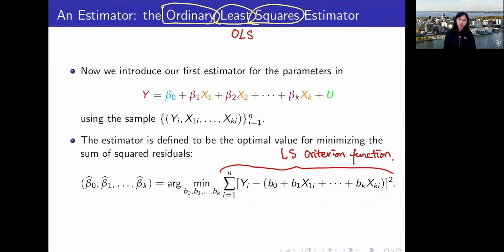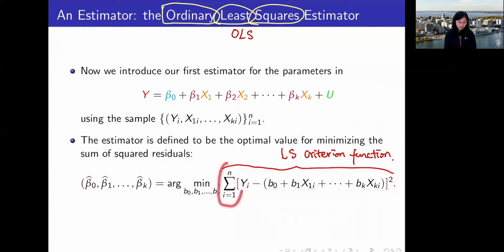So what is the least squares criterion function? The least squares criterion function takes each yi and uses a linear function of the xi's to approximate it. And the approximation error is then squared. So for each i, we take the square of the approximation error on y when we use a linear function of x to approximate it.